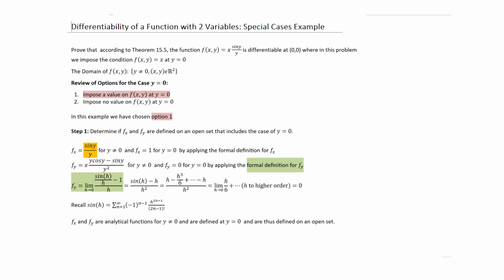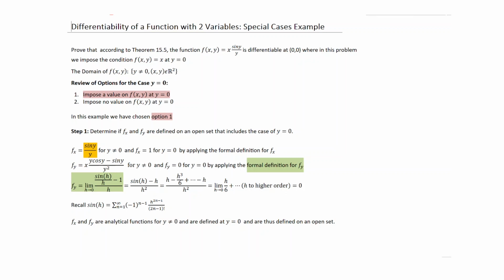For the second part, sin y over y, because it's only a function of y, we can use L'Hopital's rule to show that the limit of sin y over y as y approaches 0 is equal to 1. Hence I'm imposing the condition that it equals 1, and hence f(x,y) = x when y = 0. I've put the domain there as excluding y not equal to 0.